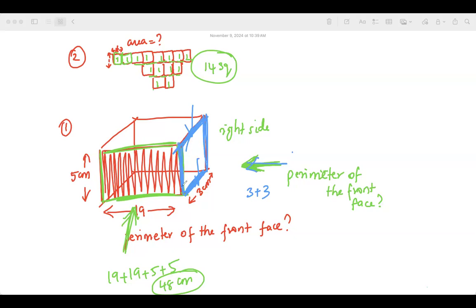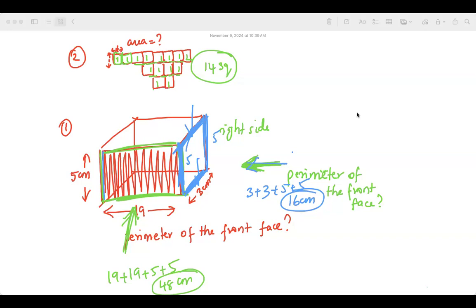Then what is this side? Let me pick it up from here. This is 5, so this is as well 5. I add the 5, 5. So it's 16 centimeters. Does it make sense? What, Neil? Where did you miss? It was 16, right?